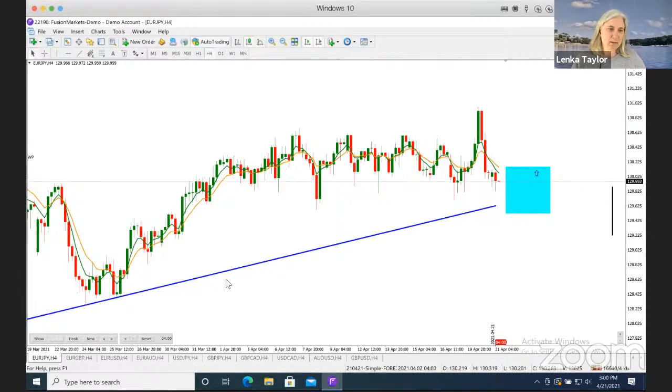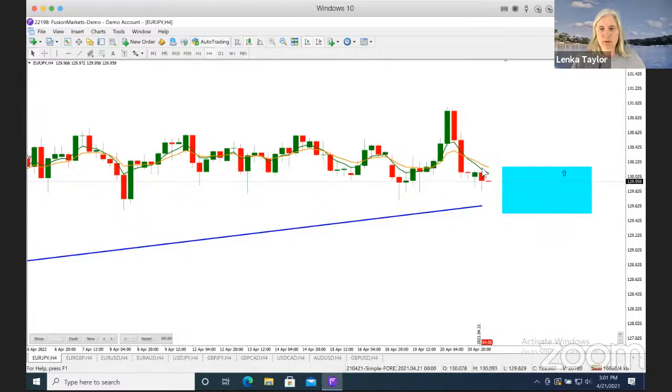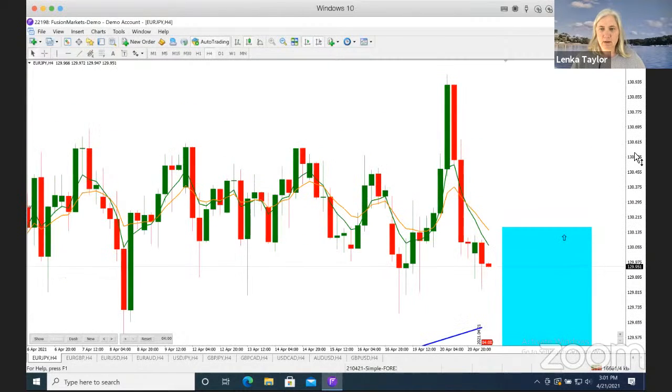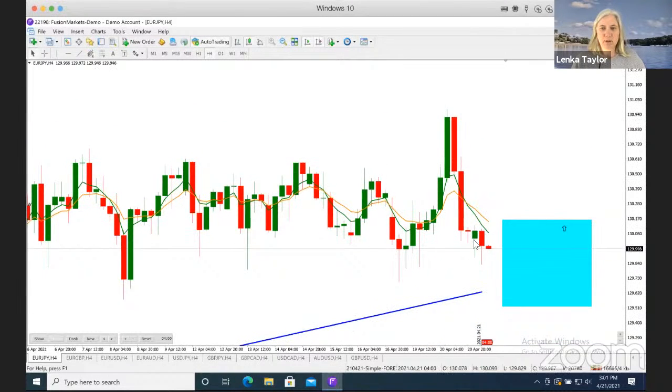Earlier today, we put on a trade for Euro Jpy on this chart, but it's just expired because the price didn't reach above that green engulfing bar. So that's okay. I'm not going to re-enter now since the price didn't go higher. I might wait.